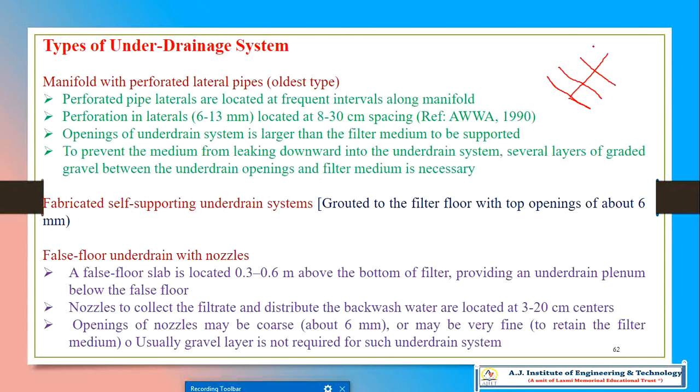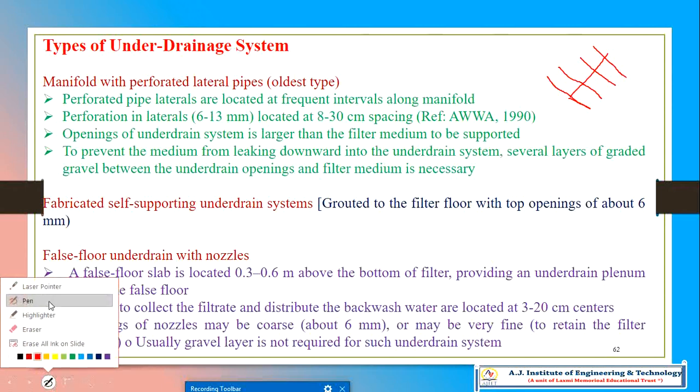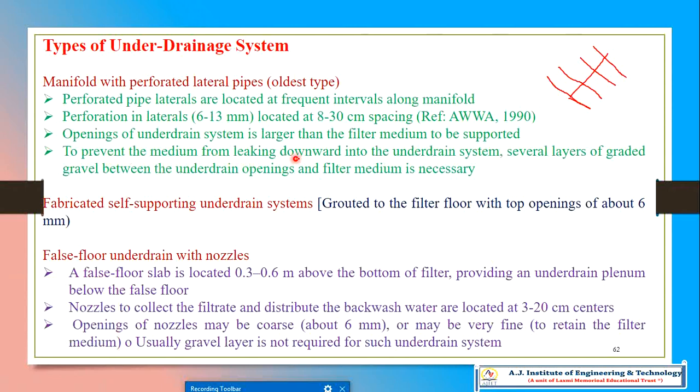Spacing of perforations is 8 to 30 centimeter, and lateral perforation is around 6 to 13 mm. The under drainage system largely supports the filter medium to prevent the medium from leaking downward into the under drain system. Several layers of graded gravel are necessary between the under drain opening and the filter medium.